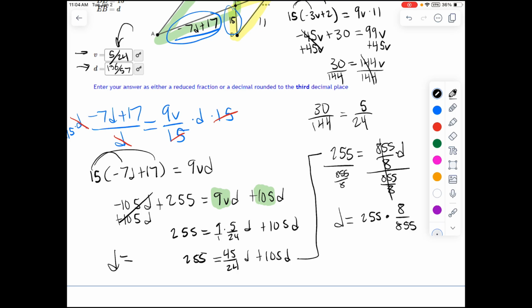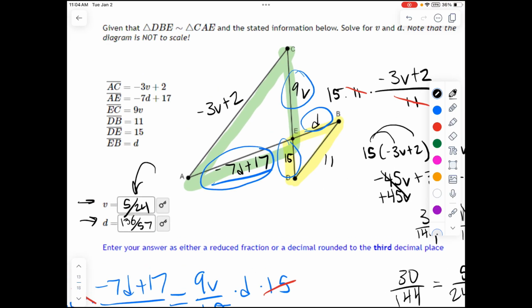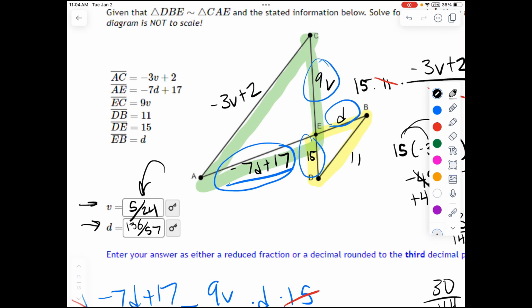136 over 57. Right, now before you press enter, before you finish off the entire problem, just make sure that there's not going to be any issues in terms of what you found. So essentially, you found v to be 5 over 24. If you plug that back in, we shouldn't get a negative number, right? If you plug it into 9v, positive times a positive is a positive, not an issue.